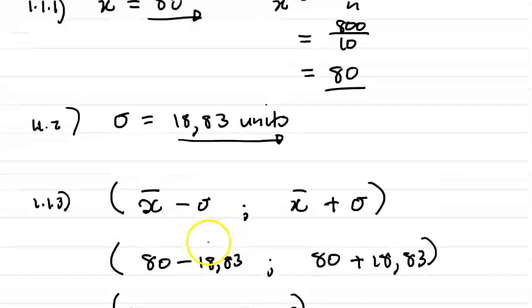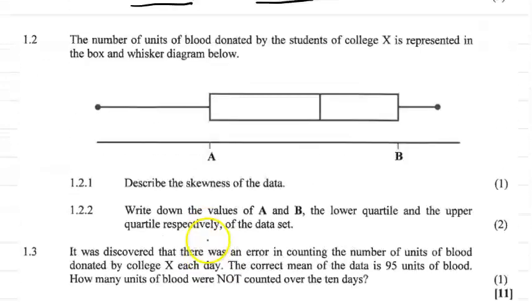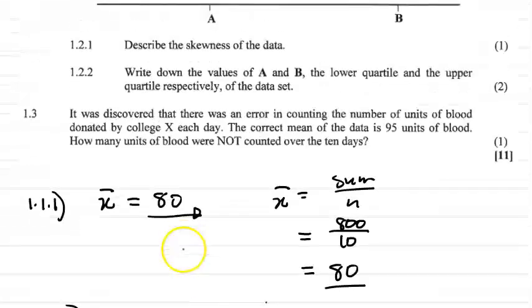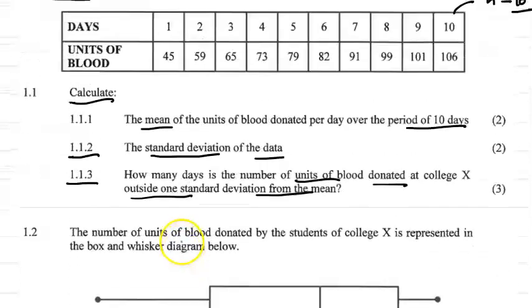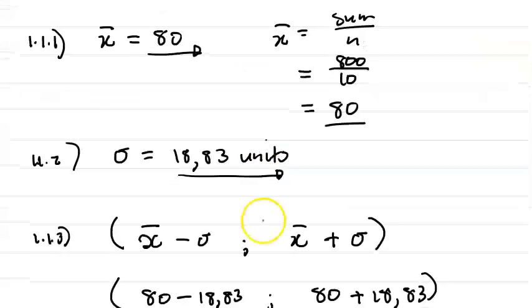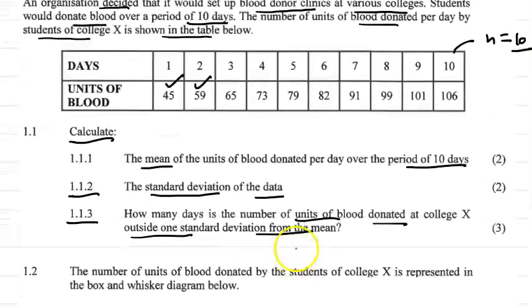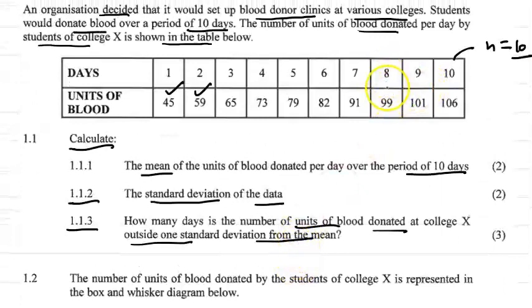So now let's count all the values that are outside of 1 standard deviation. Let's look at the lower boundary, 61.17. All values lower than that will be outside. If we count here, it will be these 2 values, 45 and 59. And above 98.83 will be on day 8, day 9, and day 10.